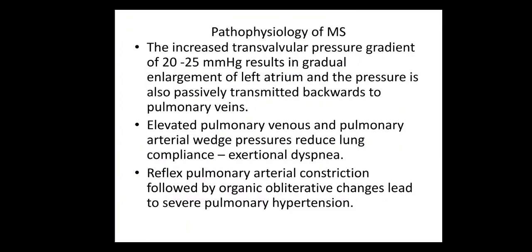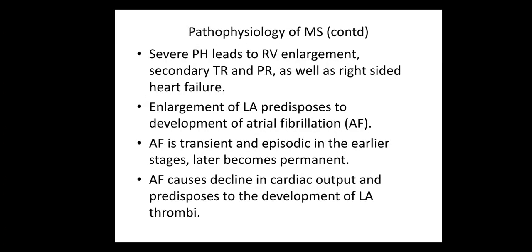So the end result is the development of pulmonary hypertension, which becomes severe in later stages. Severe pulmonary hypertension will cause right ventricular enlargement with secondary tricuspid regurgitation and pulmonary regurgitation, and ultimately it ends up as right-sided heart failure.